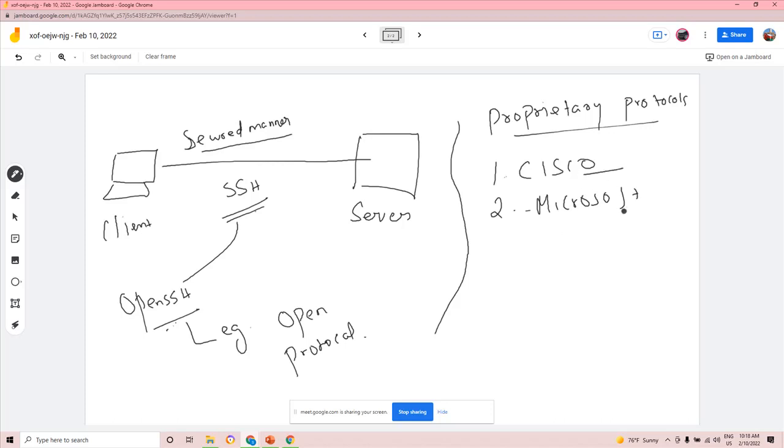These are vendors, and they develop products for themselves, and these protocols are proprietary protocols. These protocols belong to a specific vendor. We cannot access the code, and we cannot comment on the code, whereas with the OpenSSH protocol, we can see the logic, we can see the algorithm, we can see the code, and we can give feedback, so that it would be considered and revised. So this is the difference between the open and the proprietary protocols.